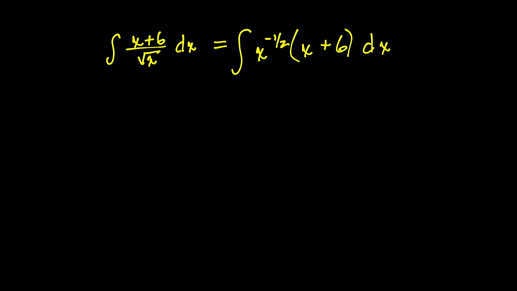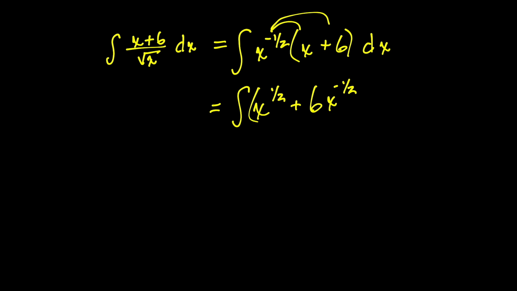So don't forget our dx. Now I'm going to go ahead and distribute this. So this would be x to the 1/2 plus 6x to the negative 1/2. I guess I technically need some parentheses there, and my dx.